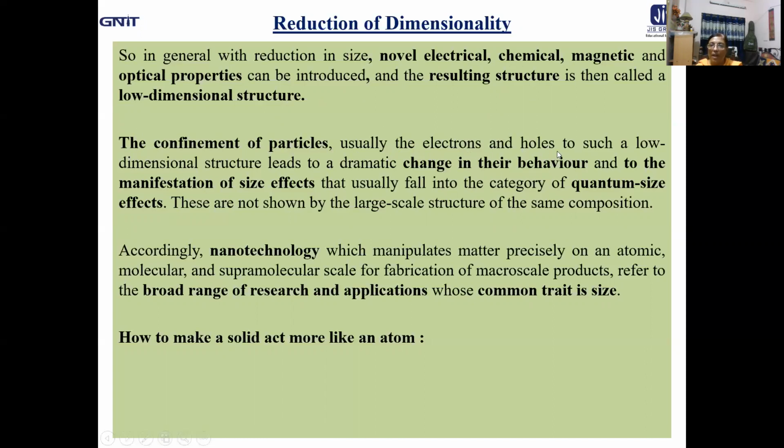Their confinement to such a low dimensional structure leads to a dramatic change in their behavior and to the manifestation of the size effect that usually falls under the category of quantum size effects. The change in whose behavior?